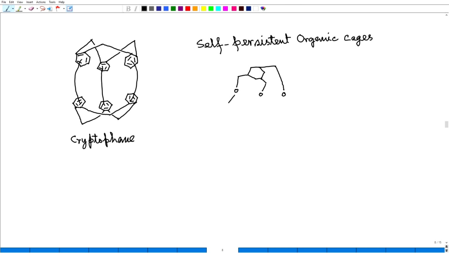Then I can make another compound, another aromatic.